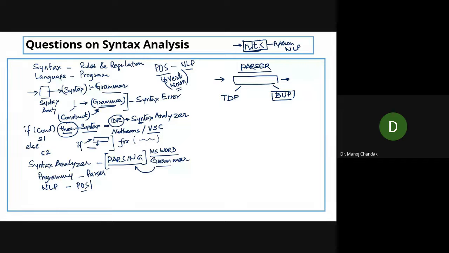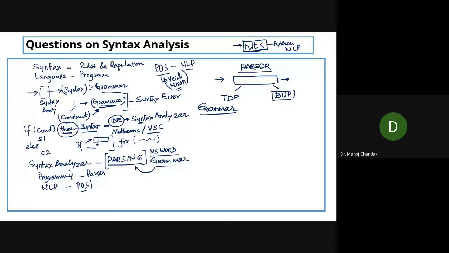So what I will do is give you a brief idea about, first of all, the concept of grammar, and then how grammar is helpful in representing language.